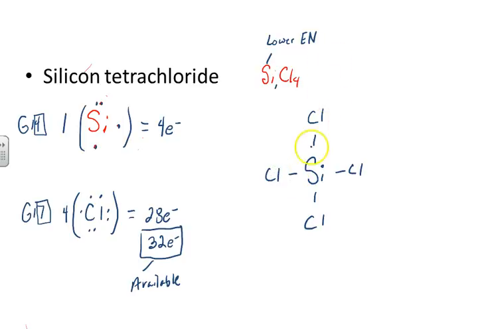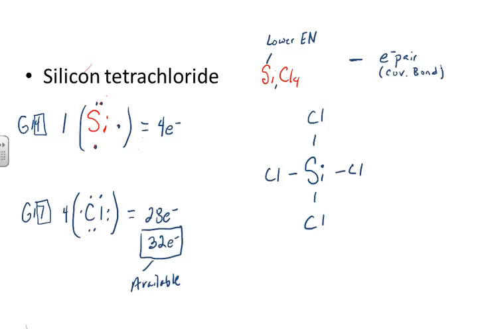Each one of these, I have a dash like this. This represents an electron pair. It is a covalent bond. So we have 4 covalent bonds there, 1 to each chlorine.